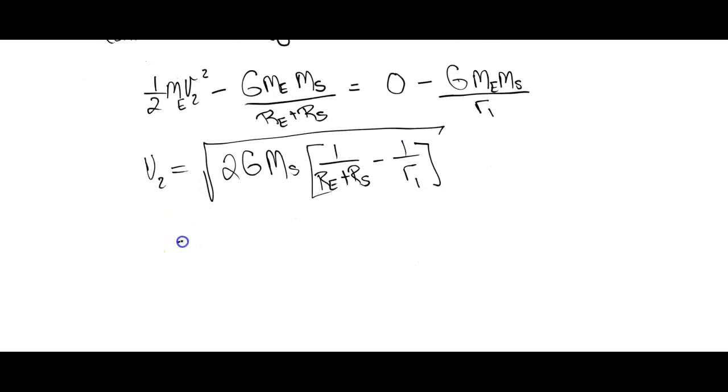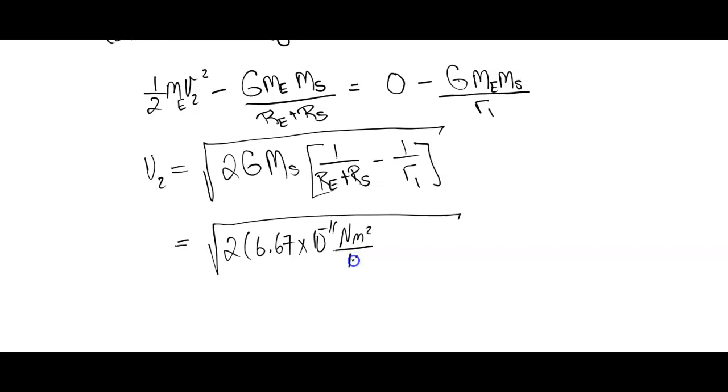And now, to find the velocity of the crash, we would fill in the values. So 2 times G, which is 6.67 times 10 to the minus 11 meter squared per kilogram squared.